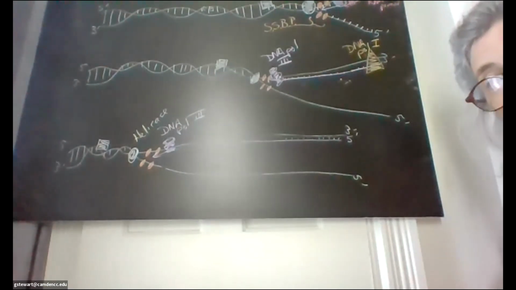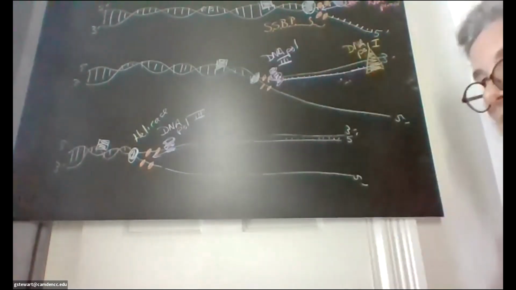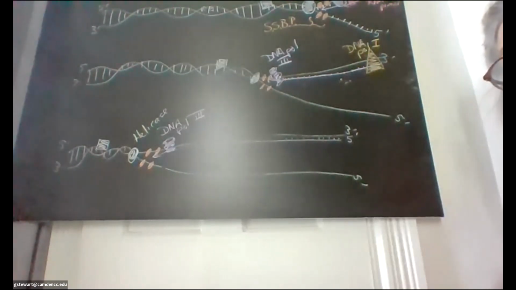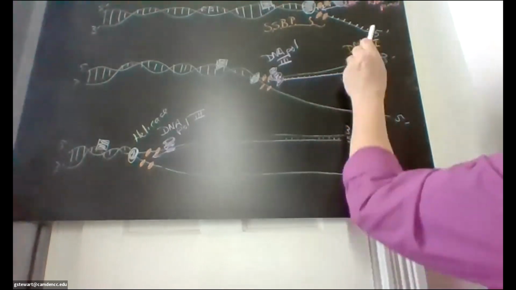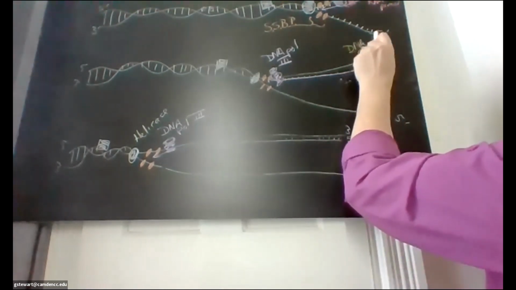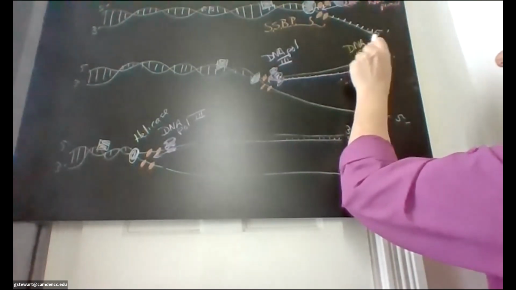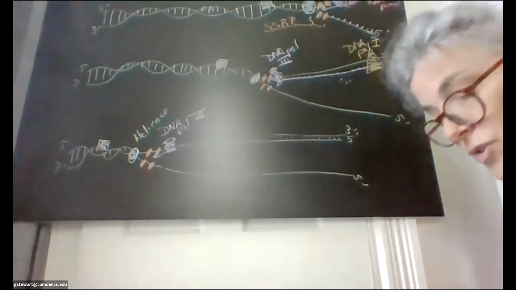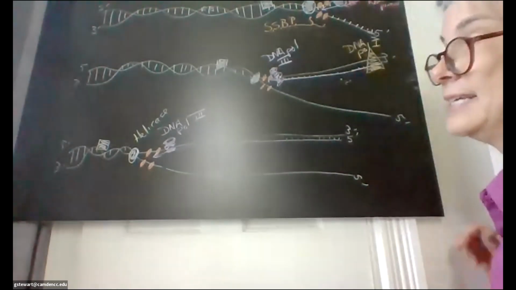Lovely. The difficulty comes when we have to replicate the other strand, and all of these enzymes only work 5' to 3'. So we cannot sit down here with primase and make another primer toward the replication fork because we have a 5' end here. So this is how the lagging strand is synthesized.